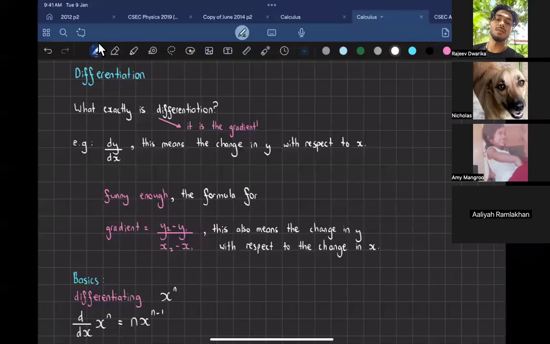That's correct. And 2 minus 1 would just be 1, so that would just be 2x.